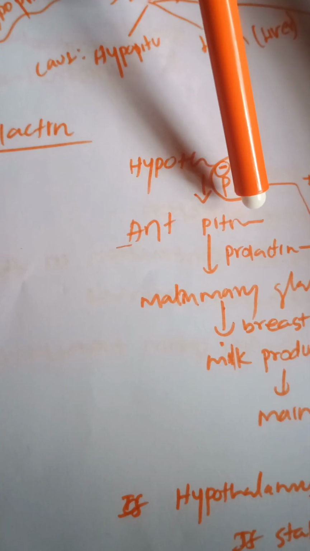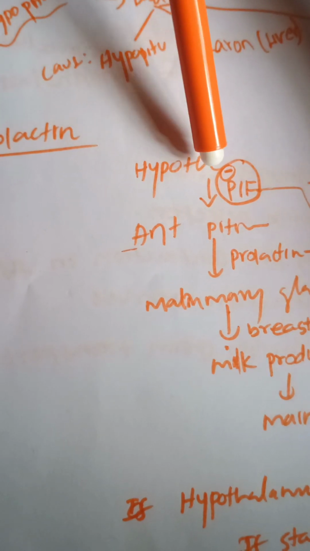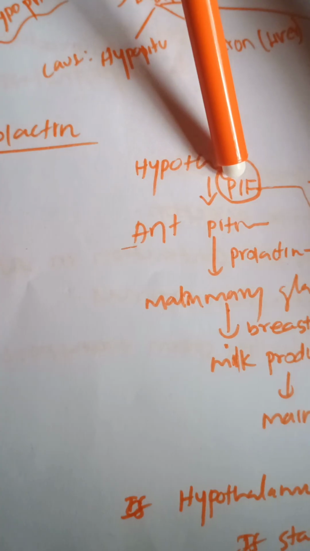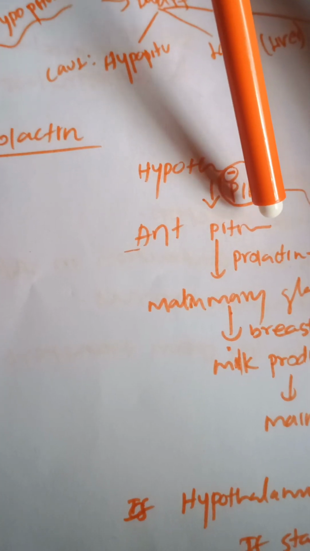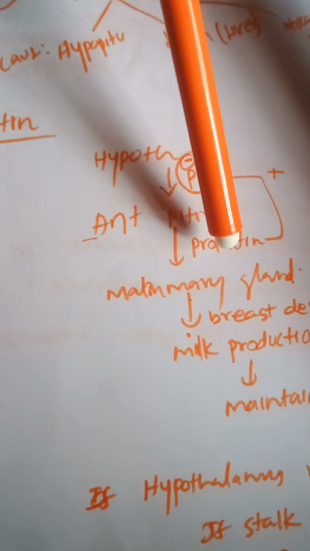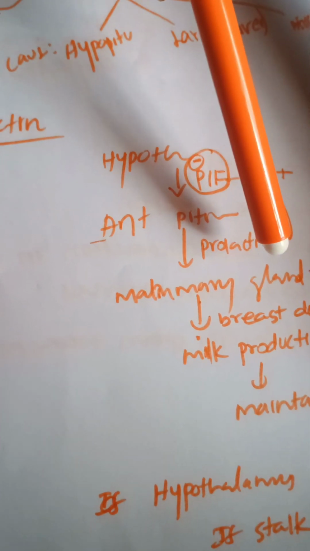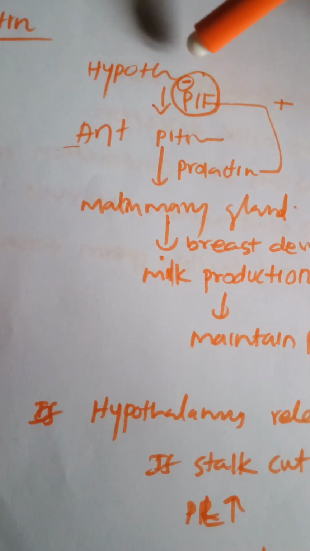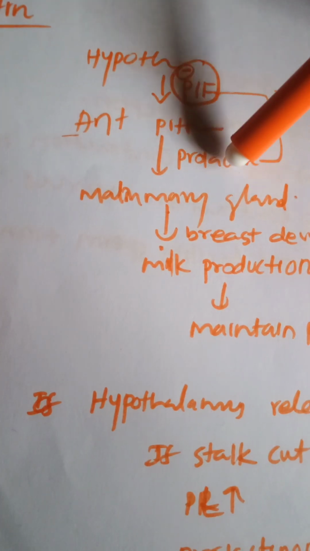The D2 receptor is inhibitory in nature. So the hypothalamus secretes dopamine, the anterior pituitary D2 receptor is inhibitory in action, so prolactin is not secreted. If dopamine release is low, the prolactin is secreted.